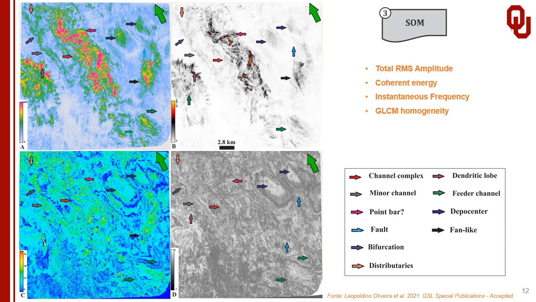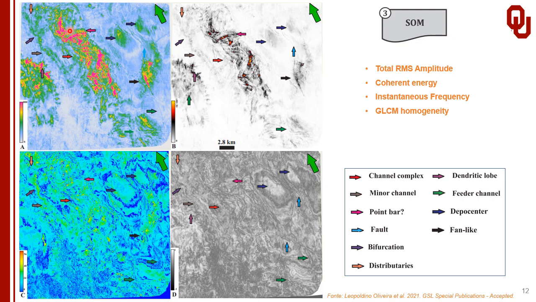For the SOM attribute inputs, we use RMS amplitude, coherence energy, instantaneous frequency, GLCM homogeneity, and also the spectral magnitude component of 30 Hz. And as you can see in these attributes, the geological features are easily seen.